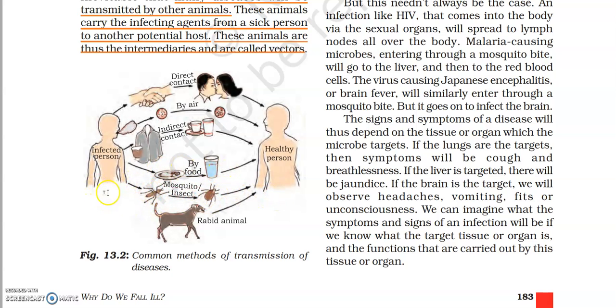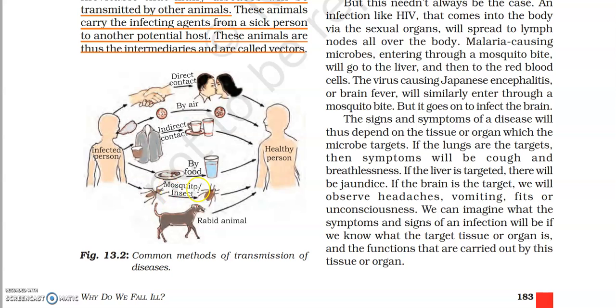Mosquitoes also, and then rabies. These are vectors: mosquitoes and flies, and rabies. Even dogs have the rabies virus and they can give this disease. Okay, so these are some of the ways by which disease can be transferred.